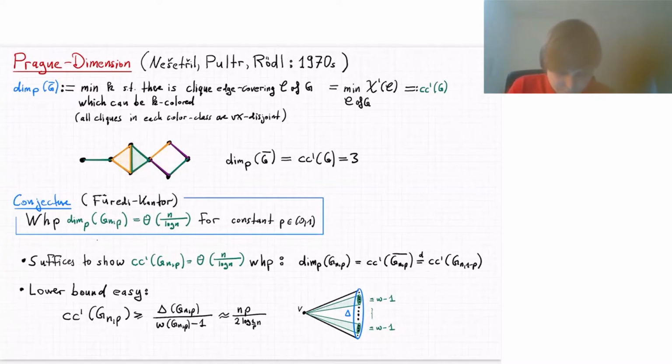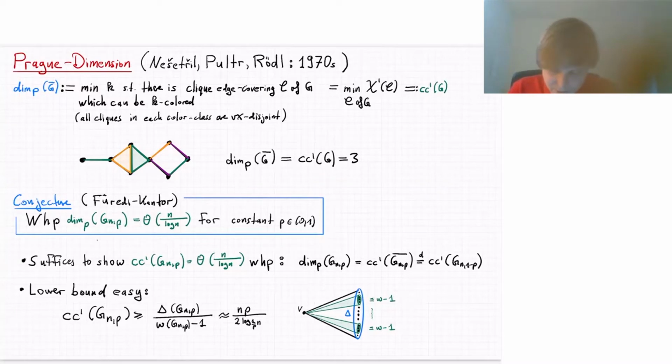So we need at least 3 colors, no matter which clique covering of this graph you generate, just simply because of the fact that this vertex will always be in at least 3 different such cliques. So in other words, this means here the Prague dimension of the complement of G is 3.